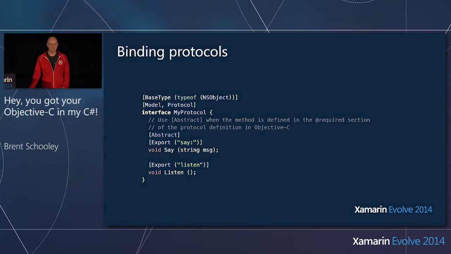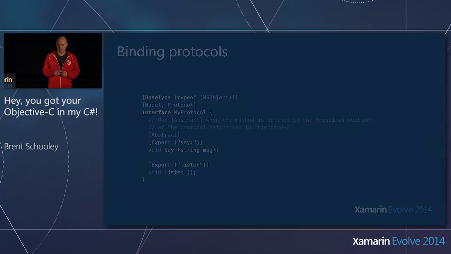And a full example looks like this. So we've got, it's a model, it's a protocol, and you put abstract on the required methods, and the optional methods, the standard way to go about putting those in, just bind the method.